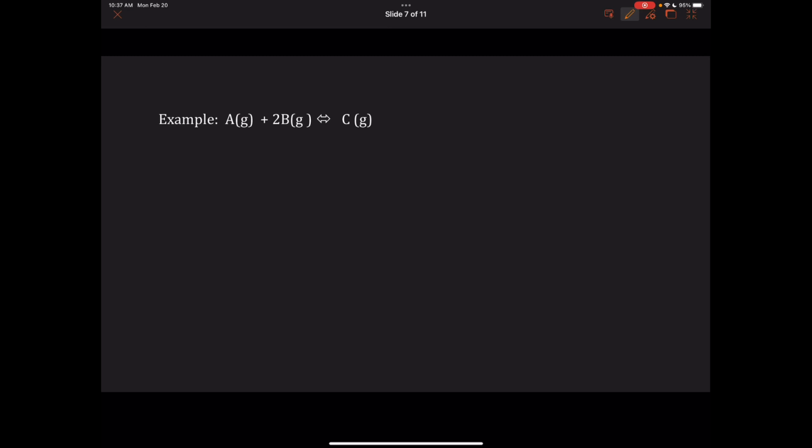I've got A plus 2B producing C. If I look at my mole totals, I've got 1A, 2B, so 1 plus 2 gives me a total of 3 for my reactant moles. Then my coefficient for my C here is 1, so I have 1 for my product moles. So my reactant moles and my product moles are not equal.